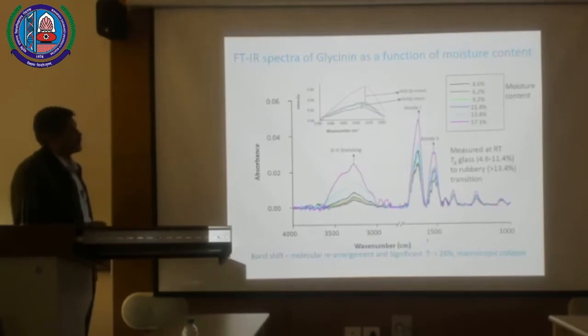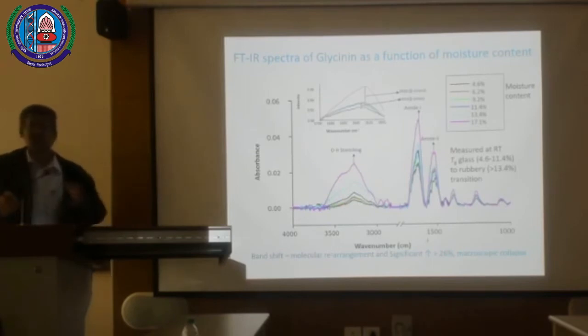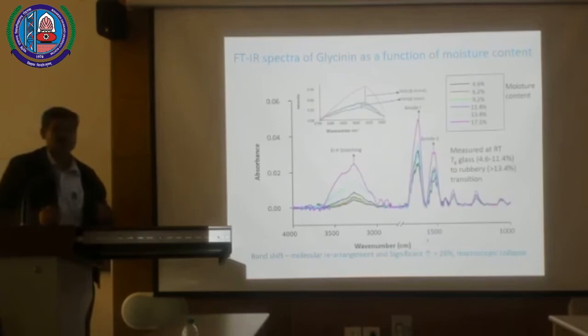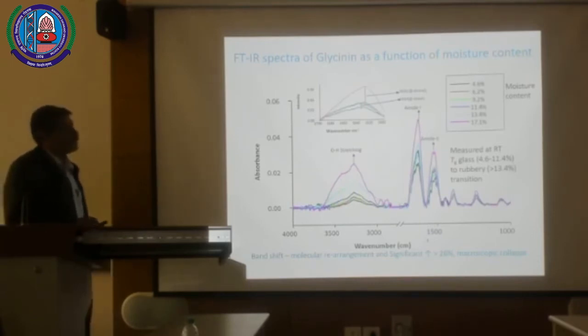So 4.6 to 17% moisture content. You see, if we are increasing the moisture, the intensity of all the three major regions is increasing. Means the conformation of the molecule is changing. We are just adding water at different moisture levels. The conformation is changing.